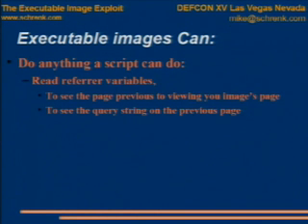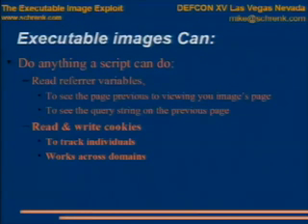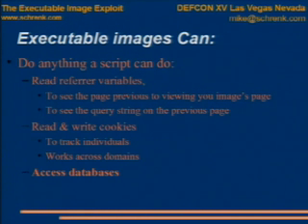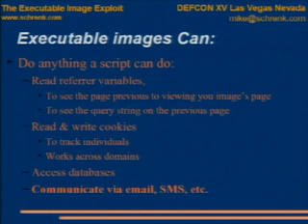You can also see the query string, and in the case of what I was trying to do, that was really important because I wanted to track users on MySpace, and that's where that information was kept. You can also read and write cookies, and you do this obviously to track individuals. This also works across domains, which is kind of an interesting thing, and I'll show you some reasons for that being interesting in a bit. And you can keep track of histories, so you can store all your stuff in a database. And again, you can also communicate whatever you want to communicate when these images are downloaded.